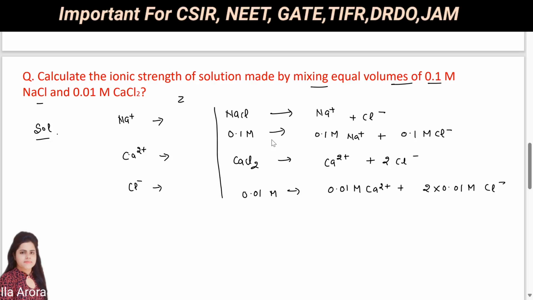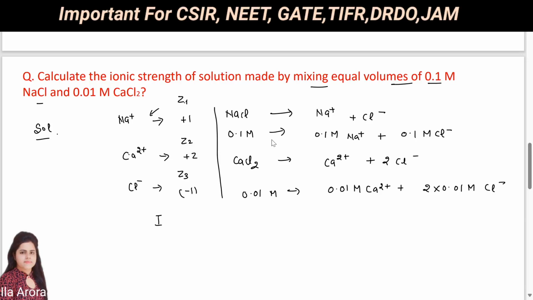So here if I am taking the Z values, Z1 will be +1 for Na, Z2 I am taking for calcium, so it is +2, and Z3 means the third ion is chloride ion and charge is -1.